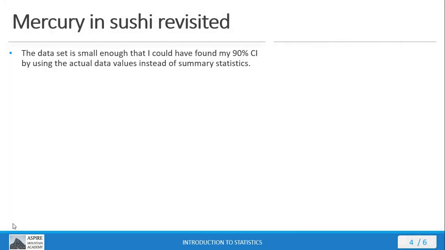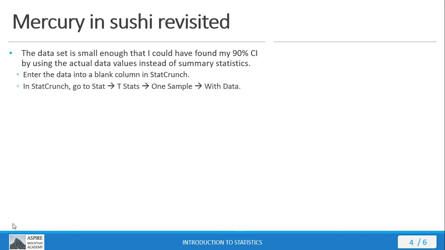Let's look again at this particular instance because the sample that they're given is actually small enough that we can just type those numbers in and then run the same calculation with data instead of with summary. So in the data, we enter the data into a blank column in StatCrunch, and then we're going to go through the menu options, only this time we're going to select with data instead of with summary.